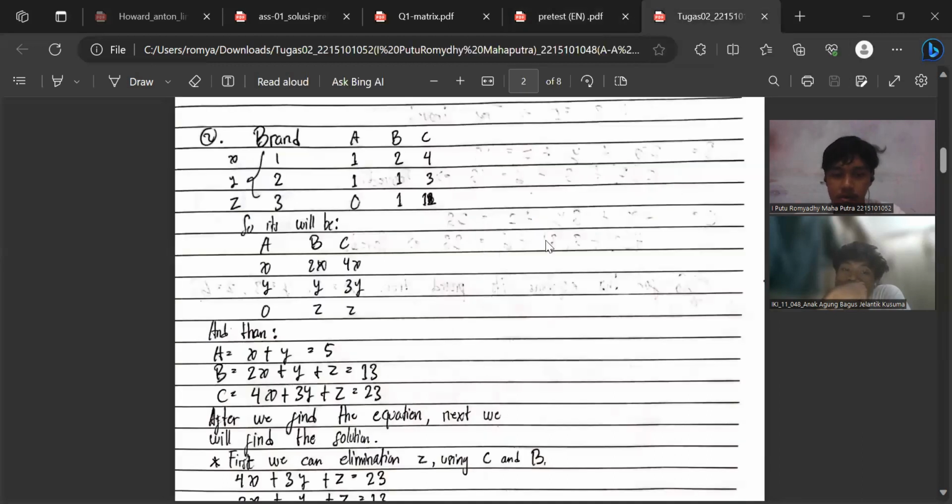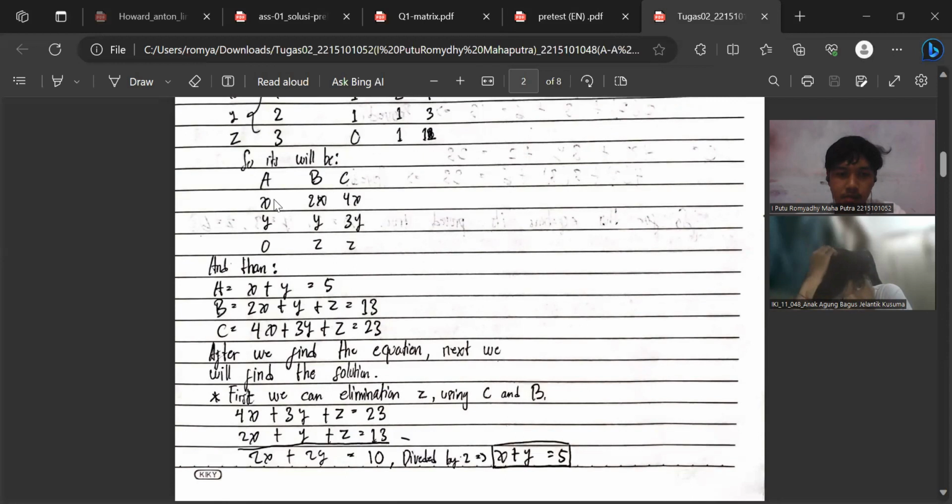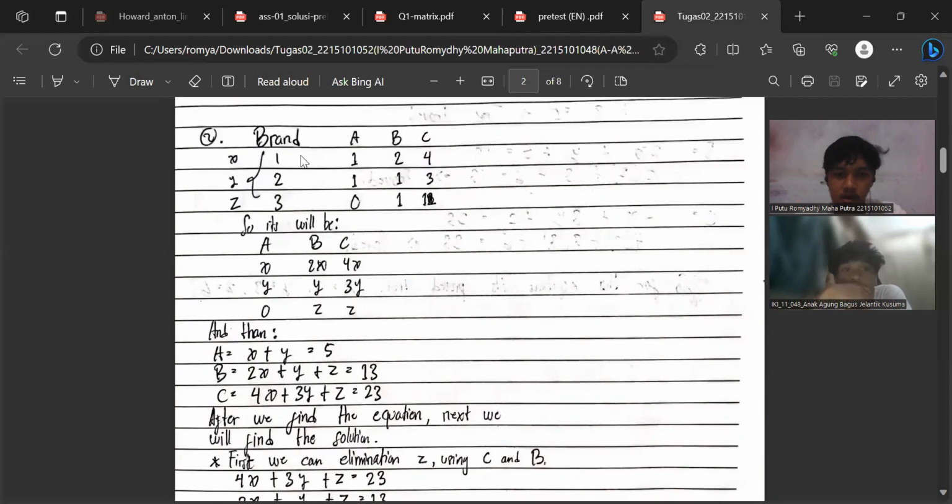After our discussion, we assume that the brands 1, 2, 3 are x, y, z, and we add A, B, C for the vitamins.